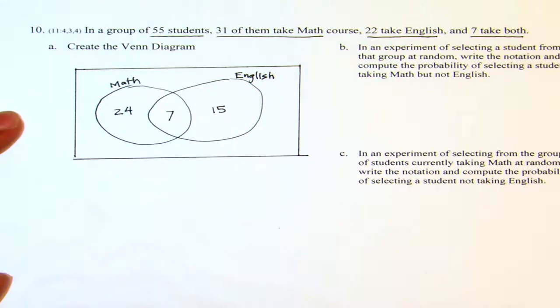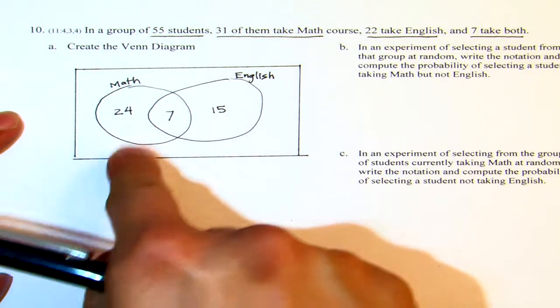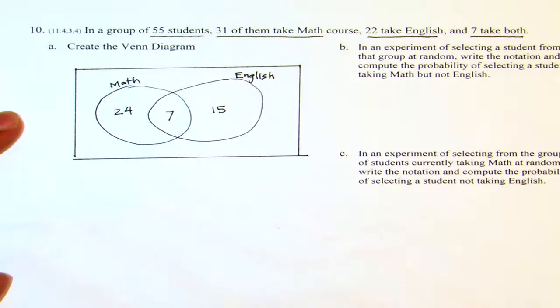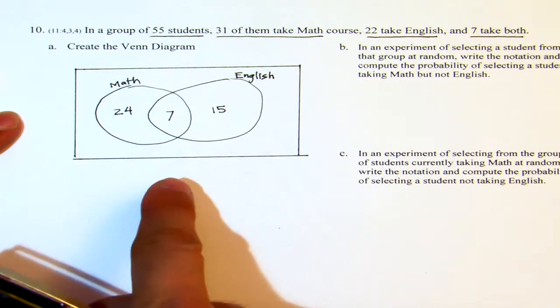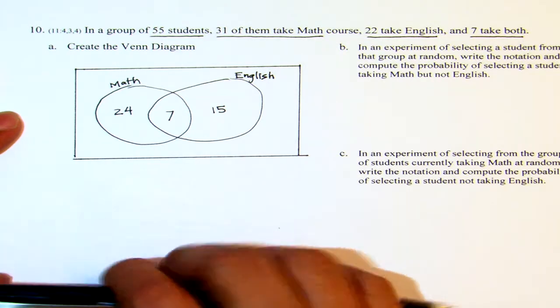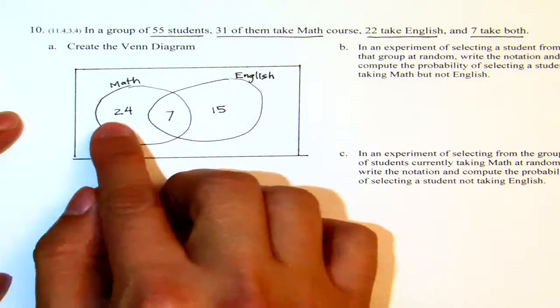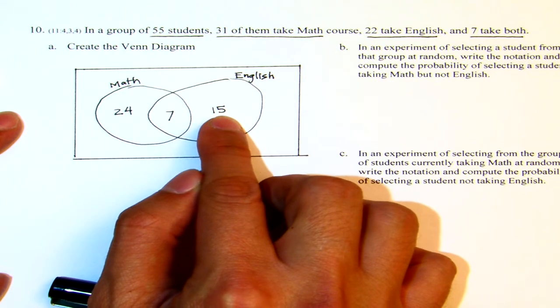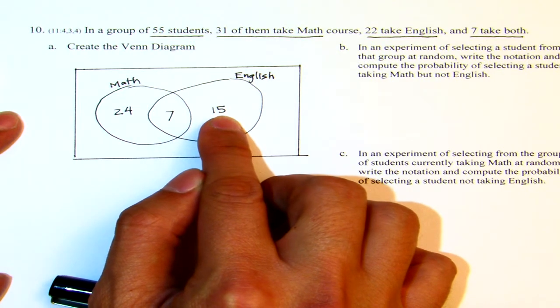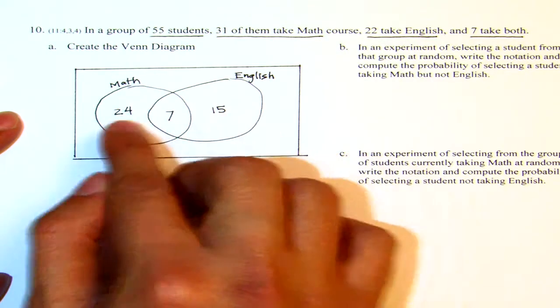Okay, now, but don't forget one little thing. In this group of 55 students, some of them take math, some of them take English, some of them take both. There is a possibility some students are not taking anything. Now you can see here 31 students taking math plus 15, that's 46 students taking either math or English.